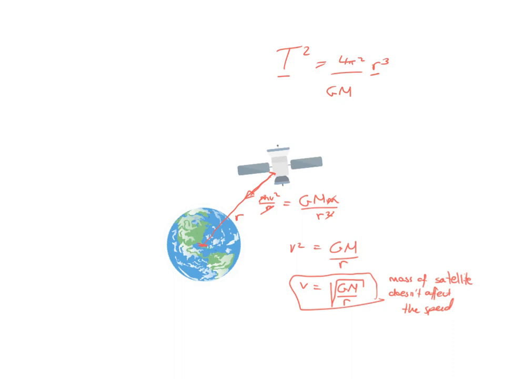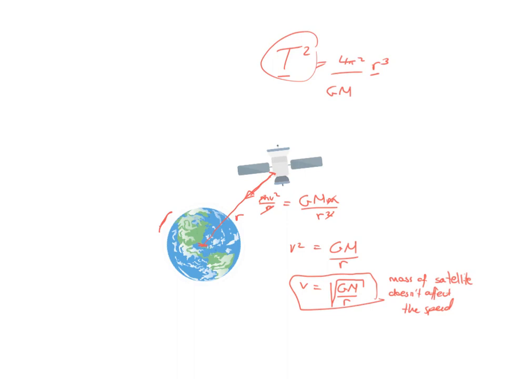So the further I place a satellite, the longer it will take to spin around the Earth. The closer a satellite is to the Earth's surface, the shorter the period. It will go around the Earth much quicker. So within 24 hours, let's say, which the Earth takes to spin around its own axis, it is possible to provide much more detail if the orbital period is lower, since it's closer to the Earth.